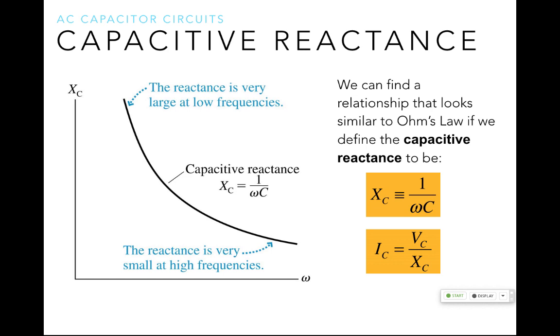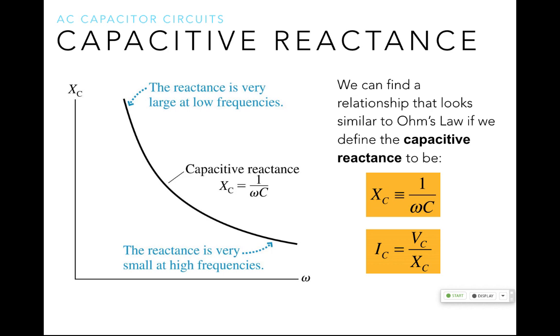Okay. So you can see if you have a bigger capacitor, that's going to give you a smaller reactance. Because what do we know about a bigger capacitor? It needs more time, right? So it's going to be more responsive to the frequency. If you have a faster frequency, it's going to have less time to respond, and it's not going to work as well.